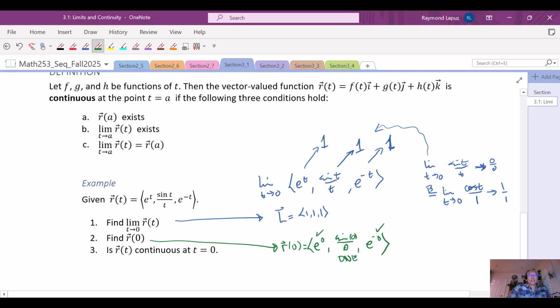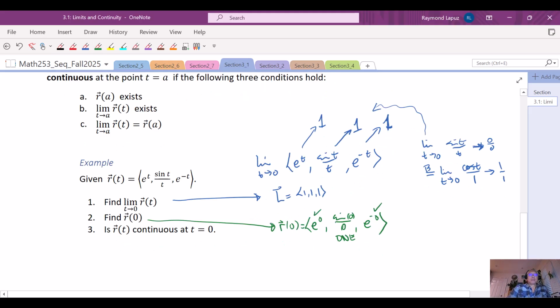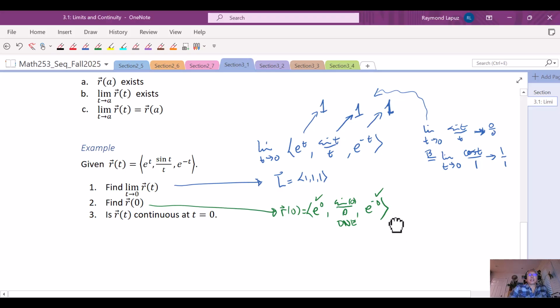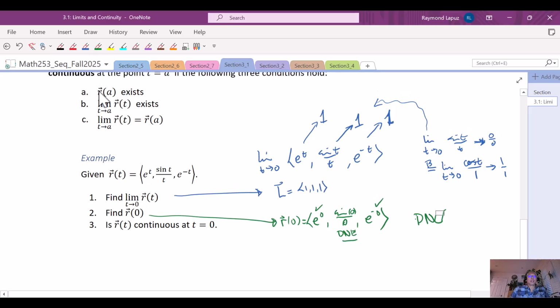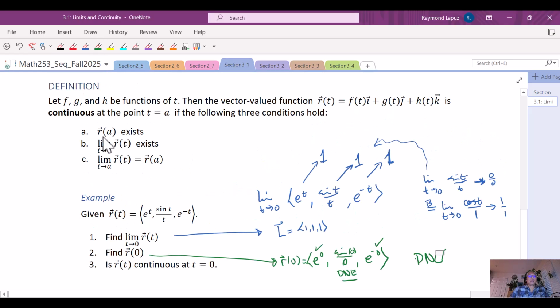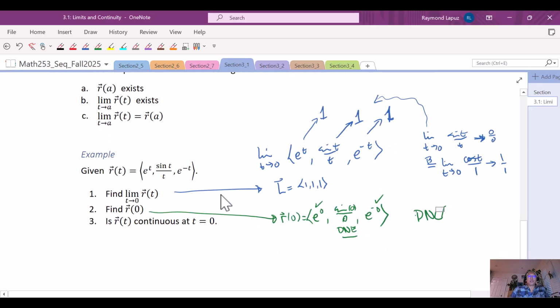So we have to say that r of 0 does not exist just because of the middle term not existing. So DNE for this, and then we have to conclude that because we don't have the list of criteria satisfied, it's not continuous at that point.